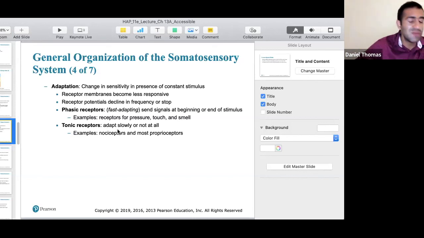Now, next is going to be sensitivity. Certain receptors are much more sensitive than others. For example, Merkel cells, the cells we talked about that are in the epidermis, are extremely sensitive, as in you can activate them even with a little bit of touch. Others, though, for example nociceptors, need a pretty significant stimulus to activate.